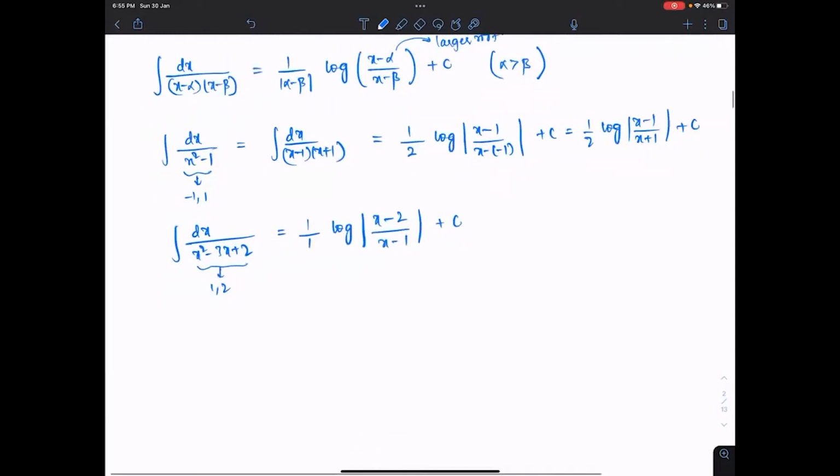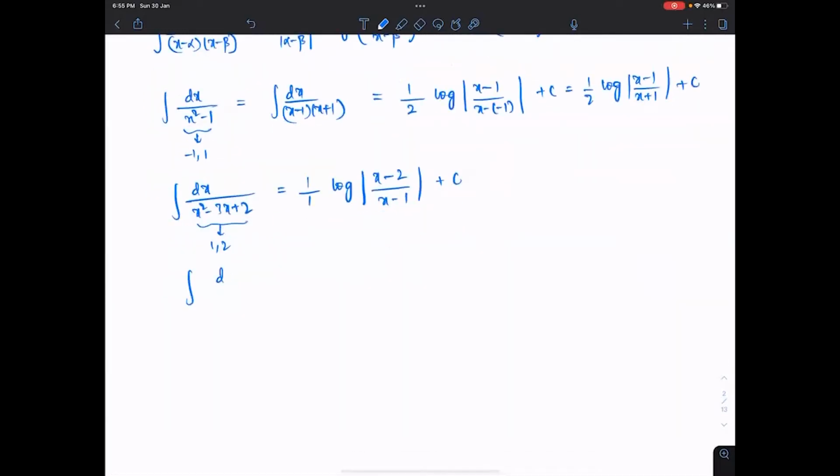Okay. So, or if you have some complicated integral dx by x square plus x minus 1 is there. Now this discriminant is positive. And what is the difference between the roots? Square root of discriminant by mod a. Already we know that is square root of 5 divided by 1. So the answer will be 1 by difference between the roots, which is root 5, log of mod x minus the larger root.